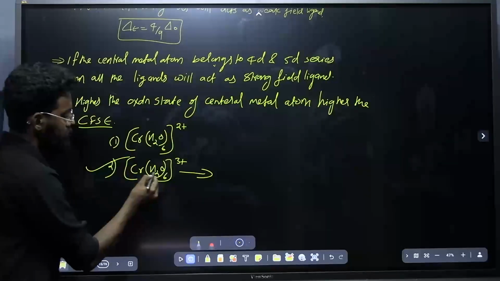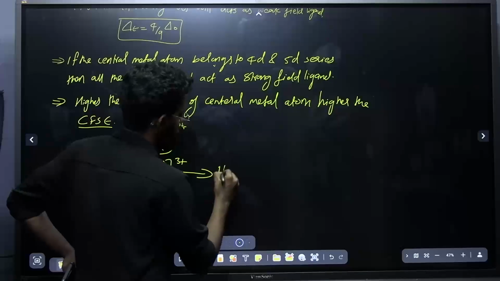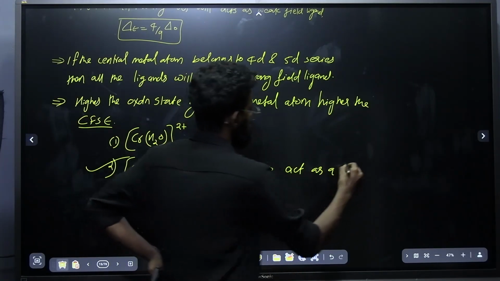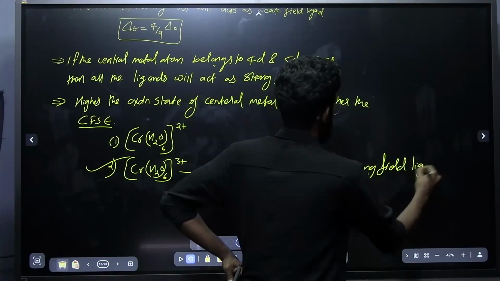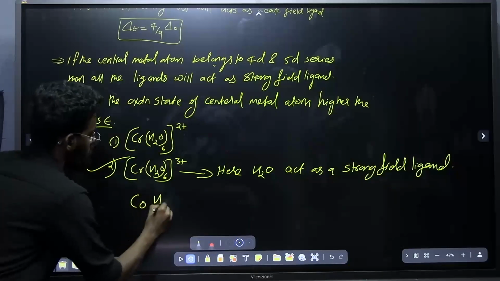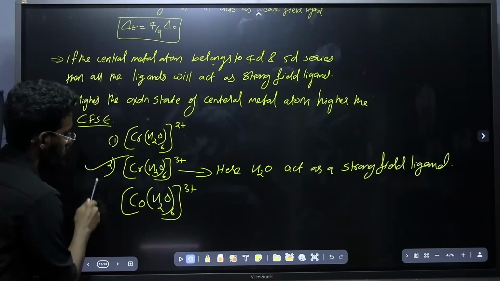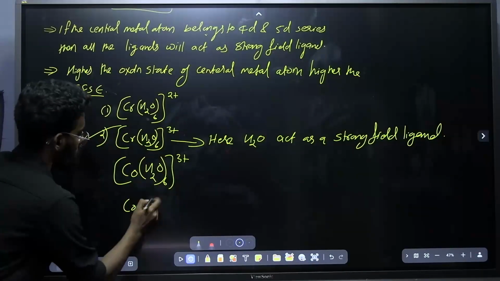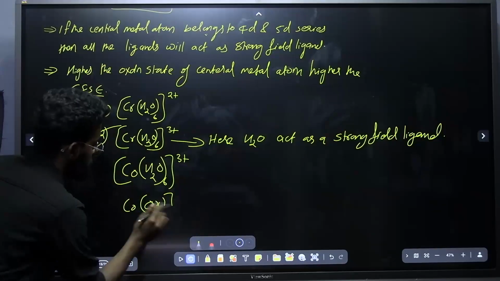Here in [Cr(H2O)6]3+, H2O acts as a strong field ligand. Not only this one, [Co(H2O)6]3+, then [Co(ox)3]3+.